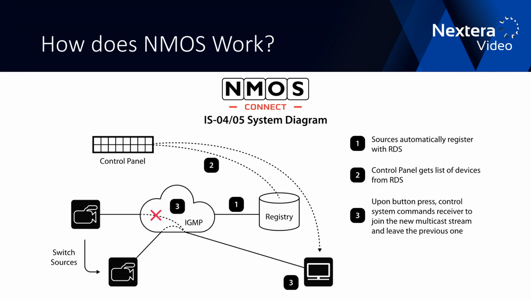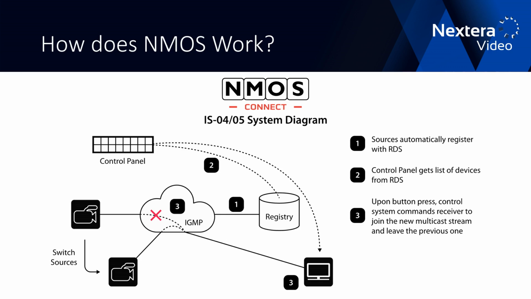So, how does NMOS work in a nutshell? You may have seen in the previous presentation these NMOS devices. So you have NMOS devices that are connected to the registry, the RDS, and the control panel will query that registry. And it'll say, okay, what are all the devices on the network?